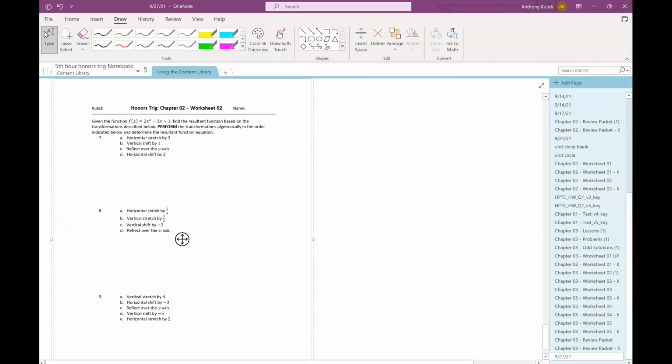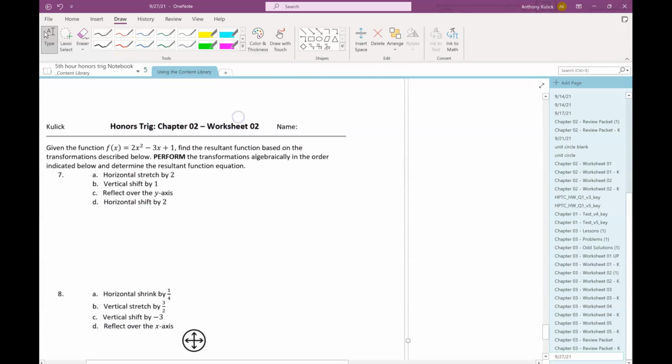So Evan, worksheet 2, number 7, is that what you asked for? Yes. Okay. So I'm going to start just by remembering that my general transformation is written in this form. So horizontal stretch, that's an H value. Vertical shift is a K value.